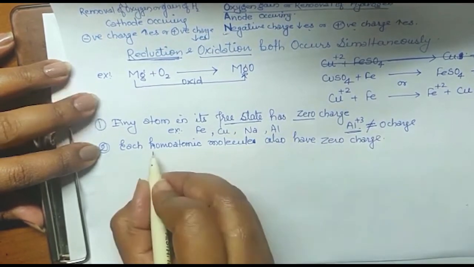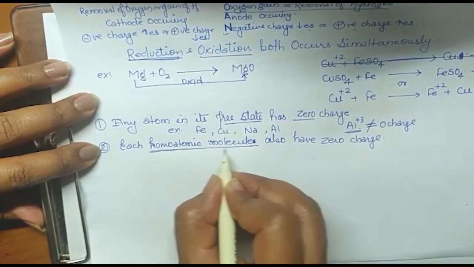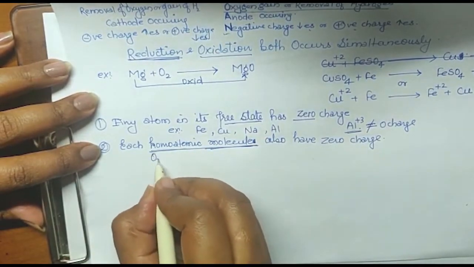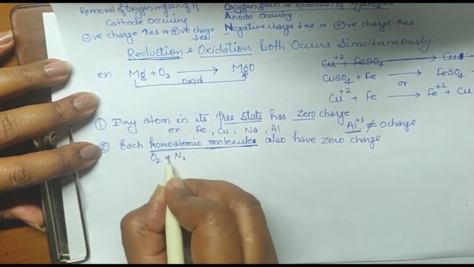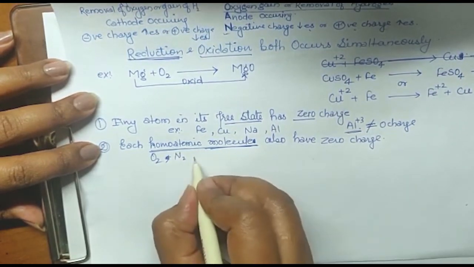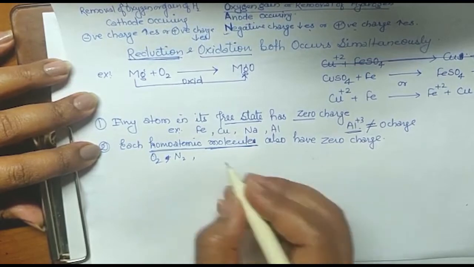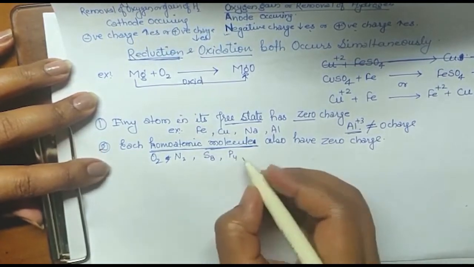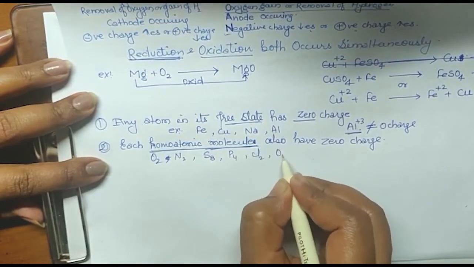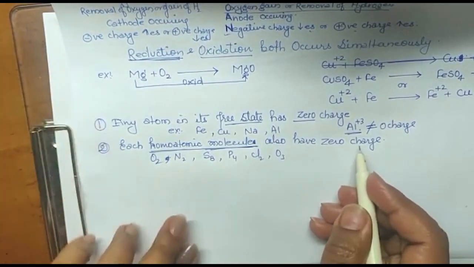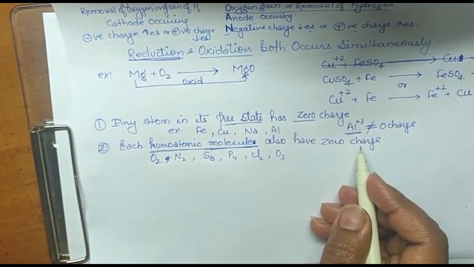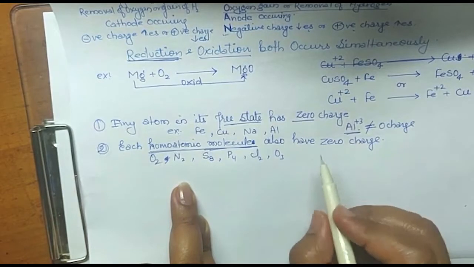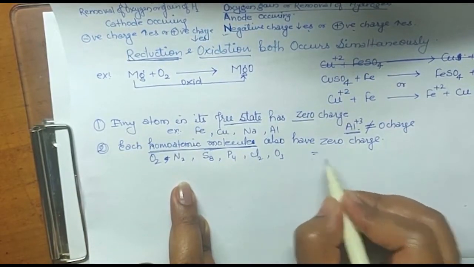That means it should be a molecule, but all the atoms should be the same. For example, O2, N2, and other elements like S8, P4, Cl2, and O3. All these molecules are homoatomic molecules. So this is having zero charge. Got it?